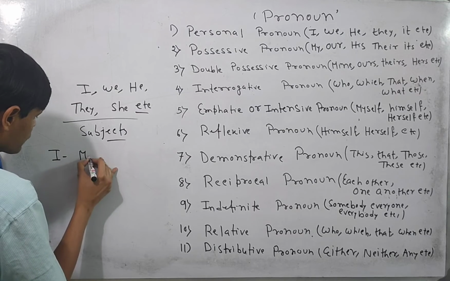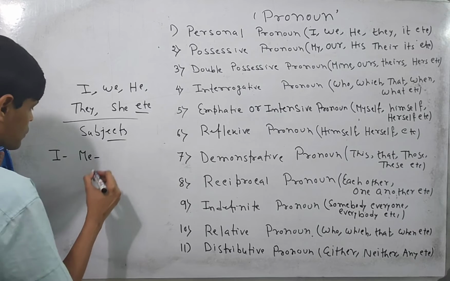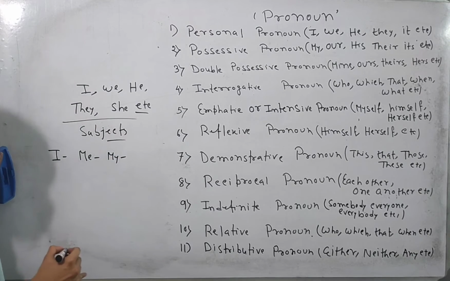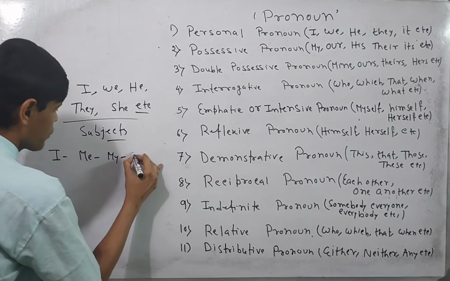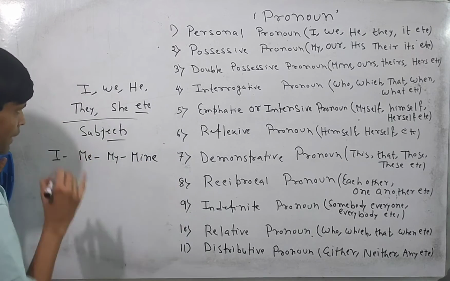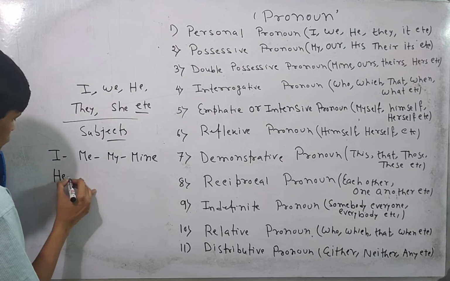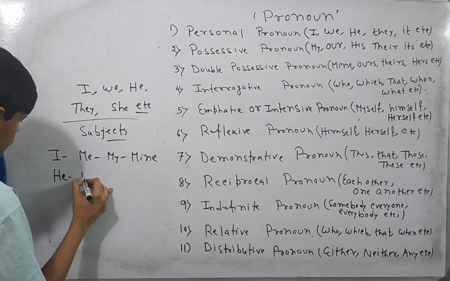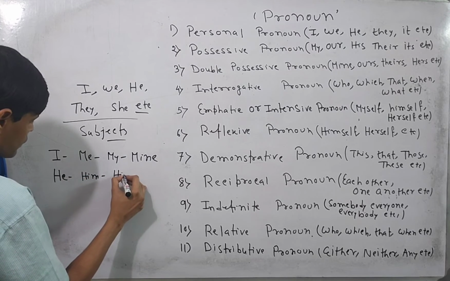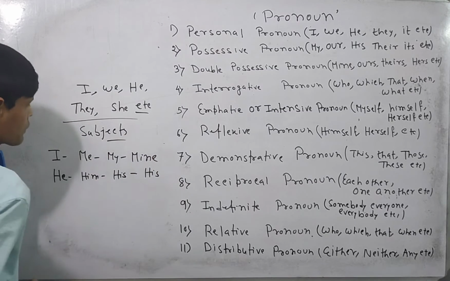If I go to this one, me, it is the object. This means objective case. This one is called the possessive pronoun. This one is called the double possessive pronoun. Again I am giving you some examples. He, subject, him, object, his is the possessive and his is also the double possessive.